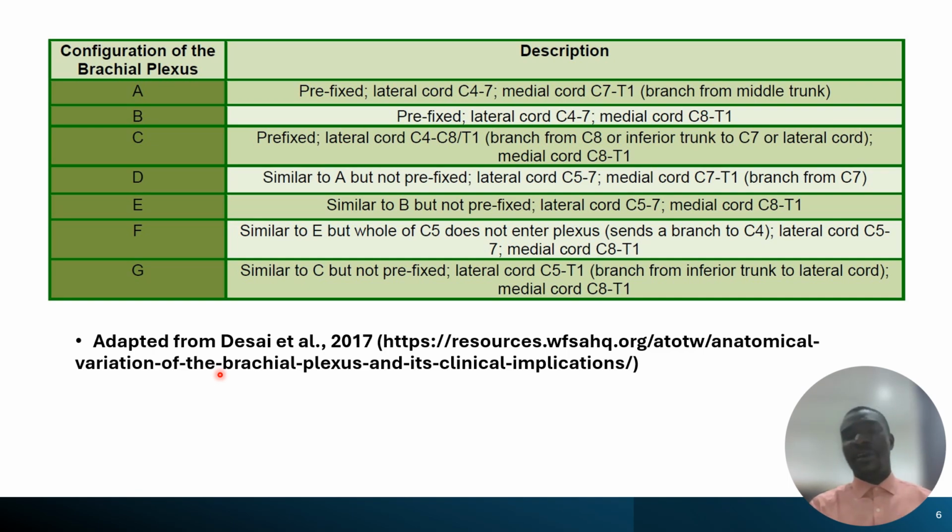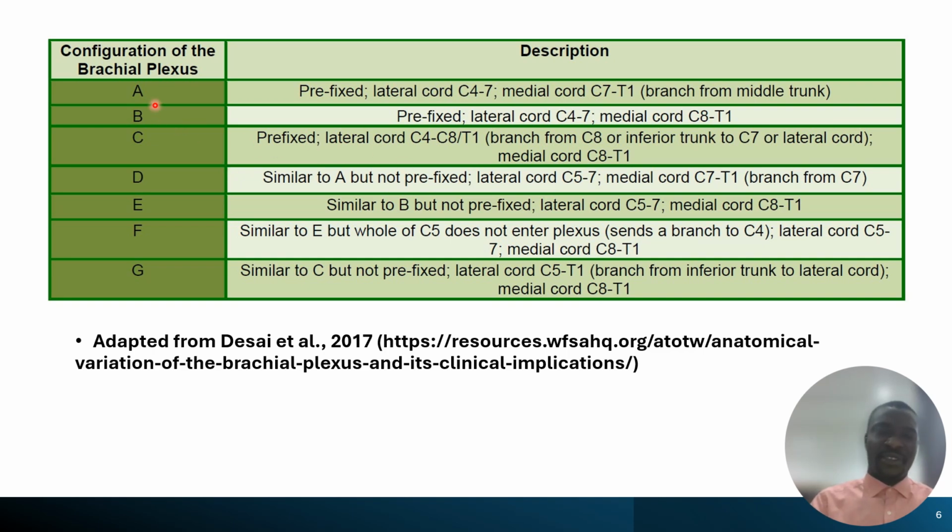Like I noted before, you have more variations as prefixed than we have as postfixed. So A, B, and C are prefixed, and most of the variations actually are just little changes from these 3 classical configurations.